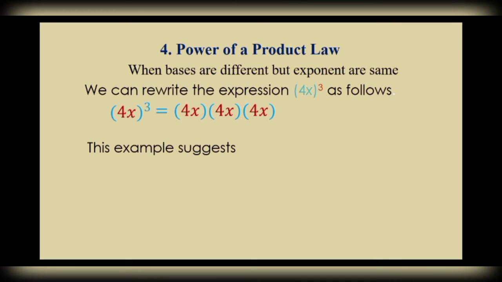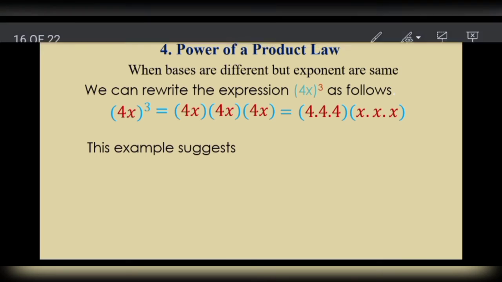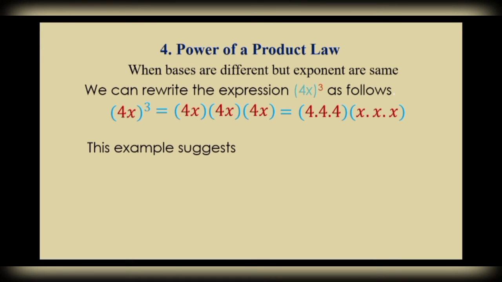So it is equal to 4 multiplied by itself 3 times separately, and we can write x multiplied by itself 3 times separately, which is equal to 4 cubed into x cubed.